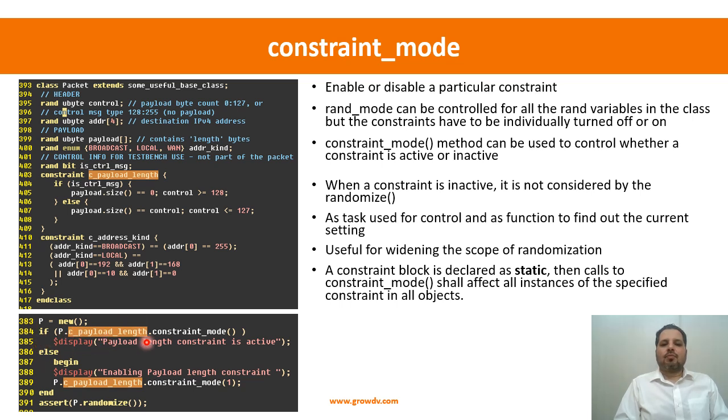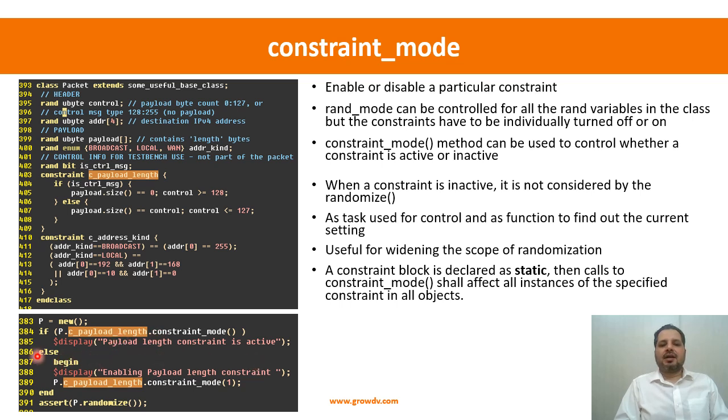And now here I'm using the constraint mode in the context of a function to check if the constraint mode for this particular constraint block, which is C payload length, is turned on or off. So I'm saying if P dot C payload length, which is the name of this constraint block, dot constraint mode, this will return a value of 0 if it is turned off, and a value of 1 if it is active.